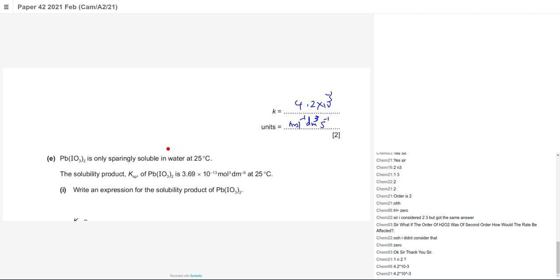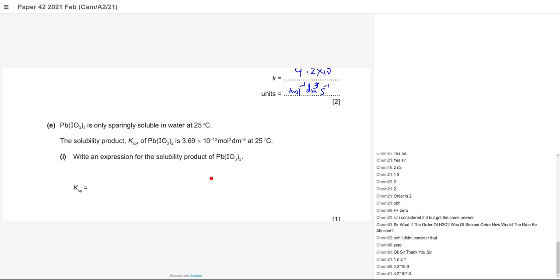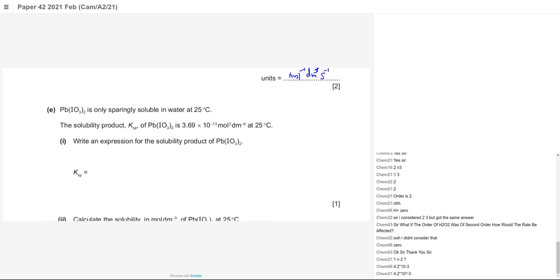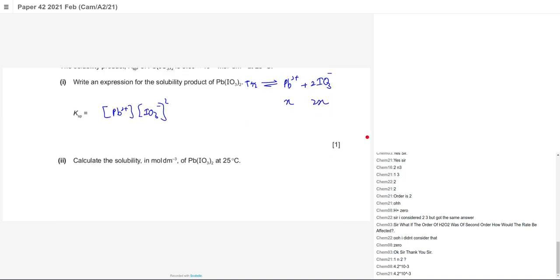PbIO3 twice is only sparingly soluble, partially soluble. It has a KSP. As for the equation, this will ionize partially to give Pb2 plus and 2IO3 minus. So KSP is Pb2 plus concentration times IO3 minus squared. This is X, this is 2X concentration. Solubility of this is again straightforward.